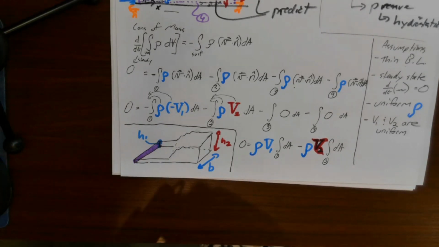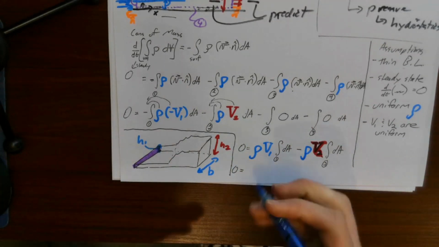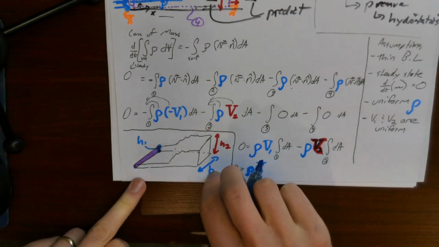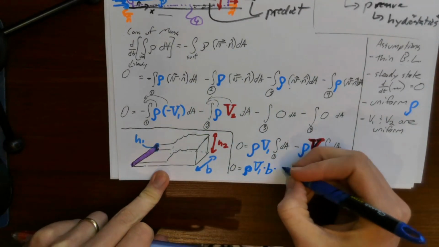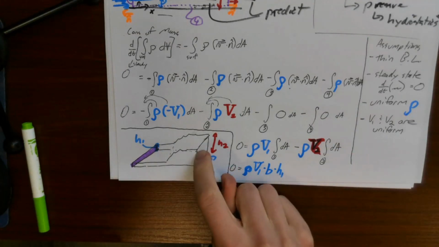So what's that going to look like? We're going to have 0 equals rho v1 times b times h1. And we can follow a similar argument for this downstream surface.